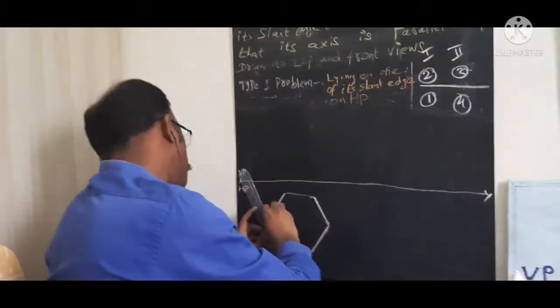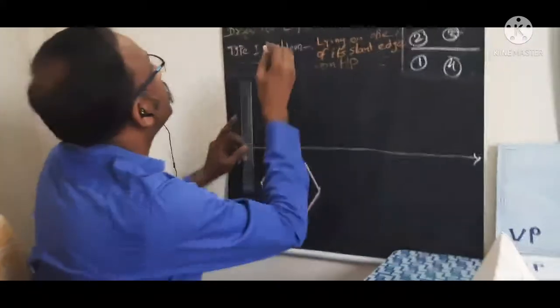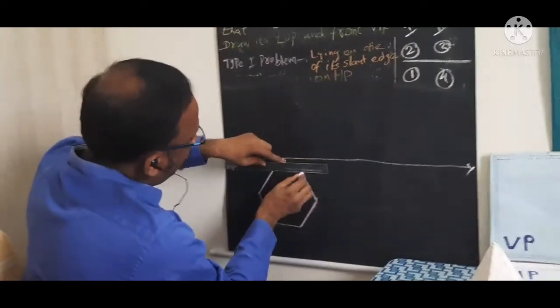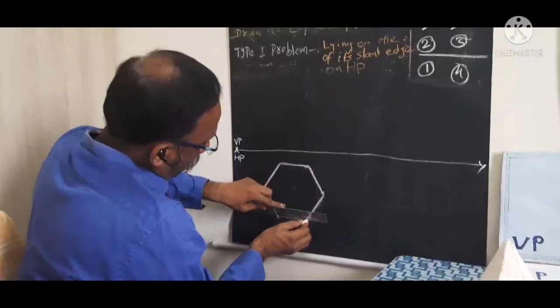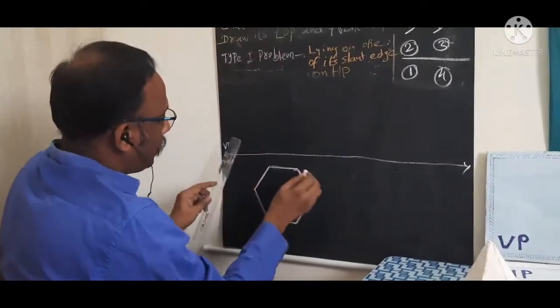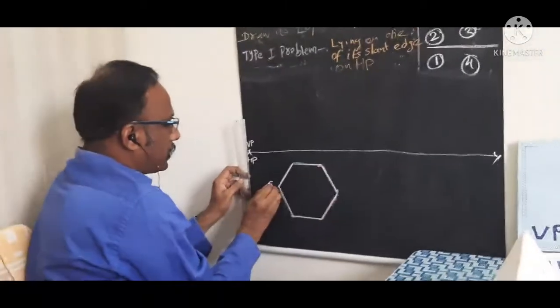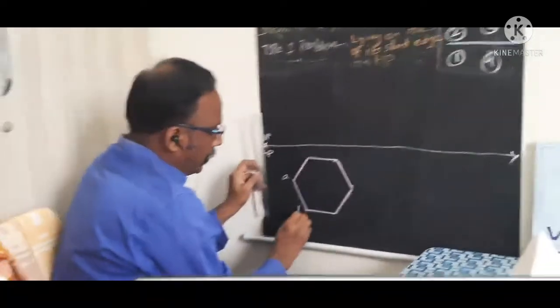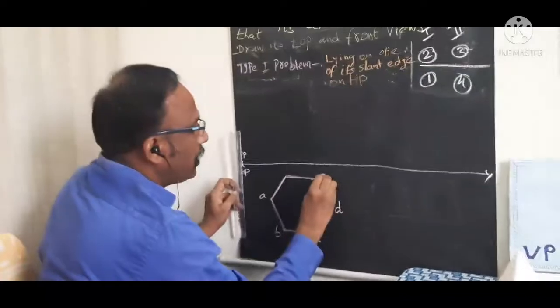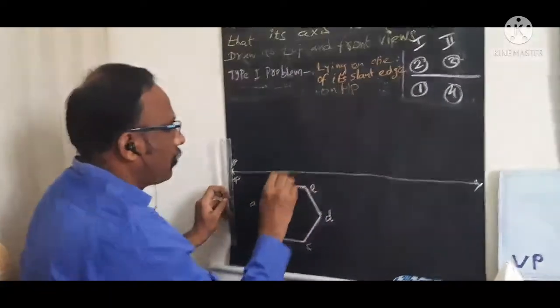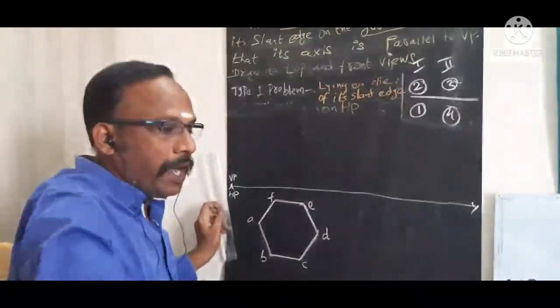So this is my top view of the hexagon whose side is given as 25 mm. Now I am going to mark the corner points as A, B, C, D, E and F. All 6 corner points are marked.